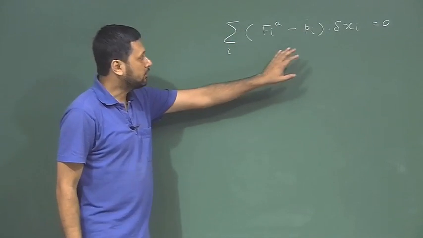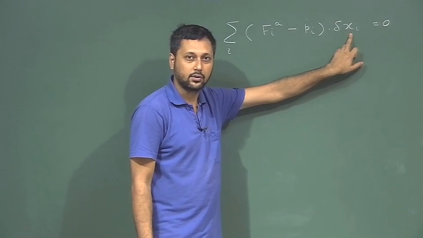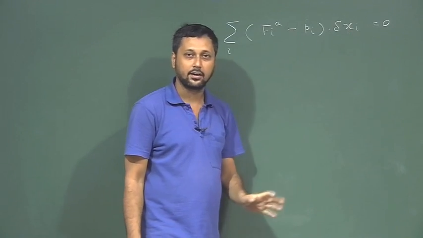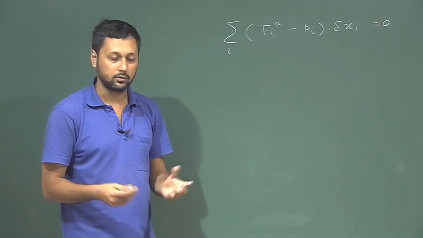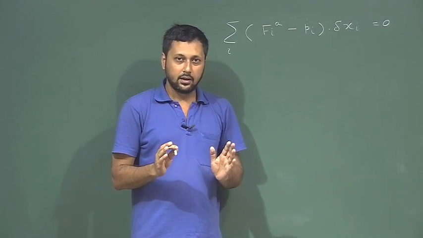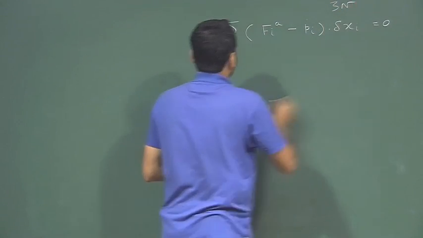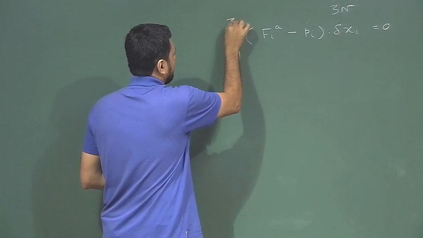Please remember that these x_i's are not generalized coordinates. These are the standard Cartesian coordinates, could be any of the standard coordinates, but there are a total of 3n of these. So, this summation goes from 1 to 3n.